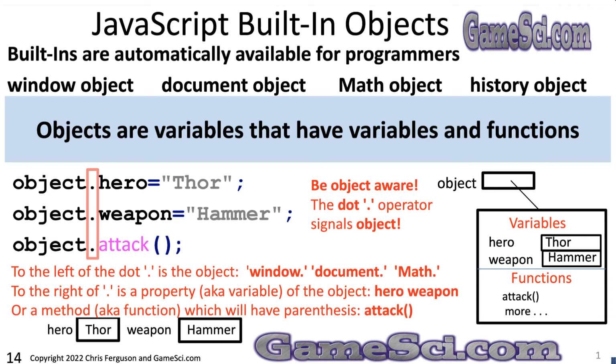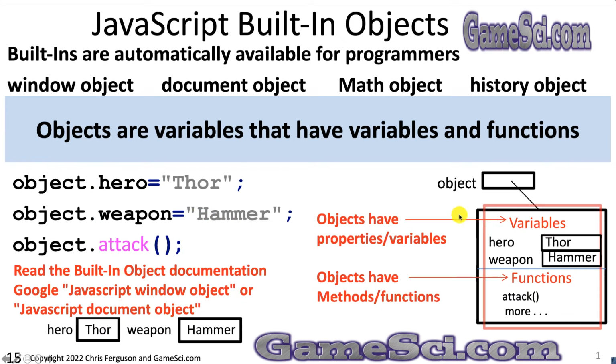Now to the right of the period or the dot is a property, aka variable of the object, like hero or weapon. I know these are variables or properties because they don't have parentheses. To the right of the dot could also be a function or method. You know when it's a function or method by the parentheses.